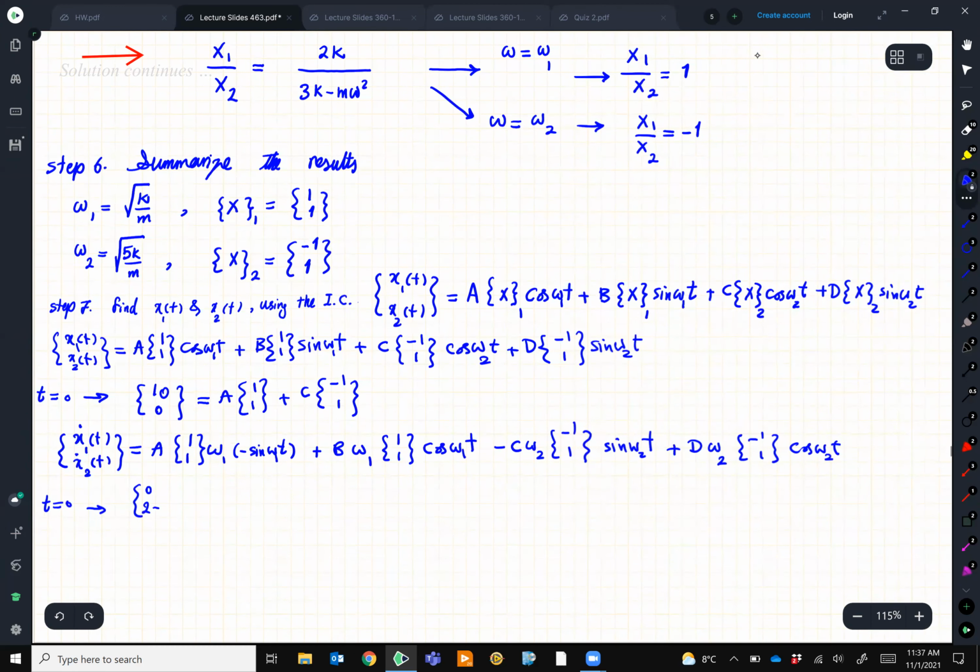They can be any numbers, but for this example, I just put them there. So I will have b omega 1 [1, 1] and then I have d omega 2 [1, minus 1], because sine gives me 0.